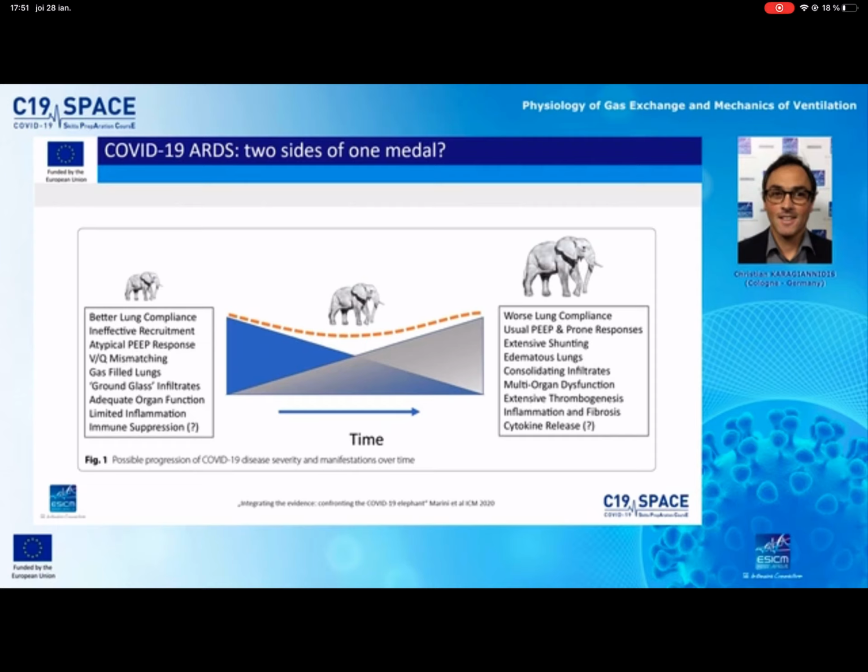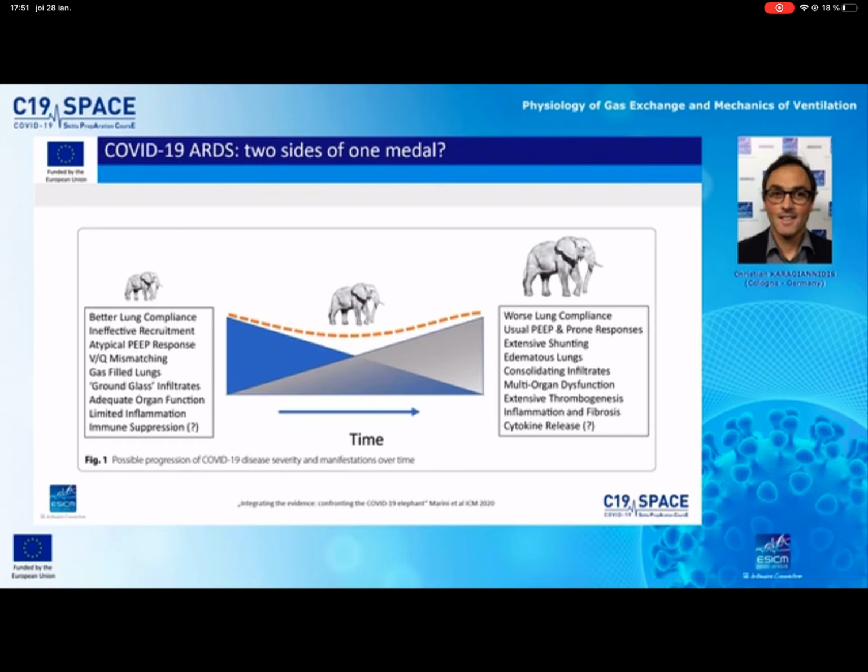To my mind, this is more or less the same disease we have observed for several years, for example, in flu patients, but the difference is that COVID-19 patients have a better lung compliance in the beginning, sometimes do not really respond to PEEP, and have more ground glass infiltrates without having capillary leak. But over time, they may behave in the same way as a patient with a more conventional ARDS as we observed before.